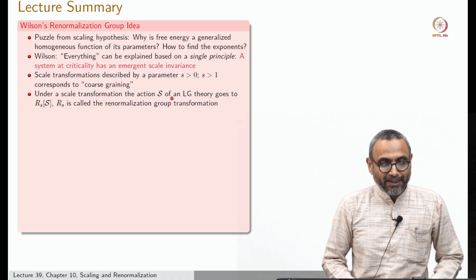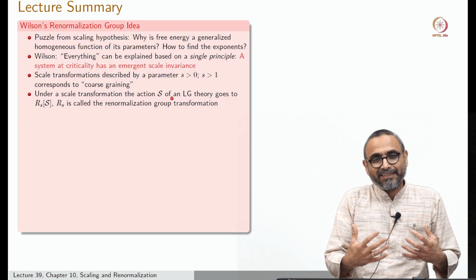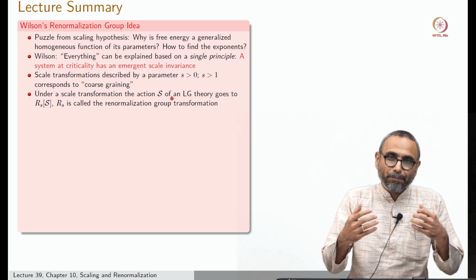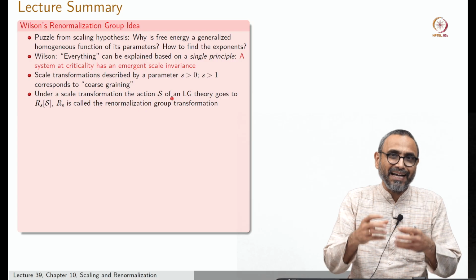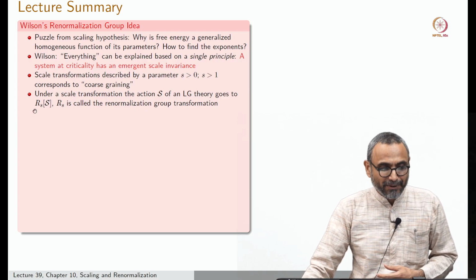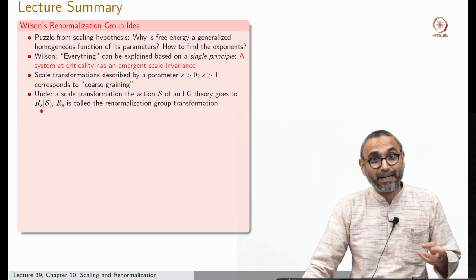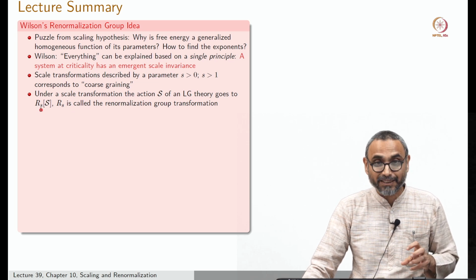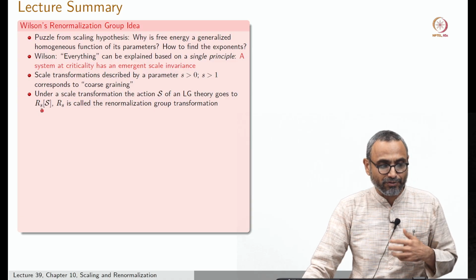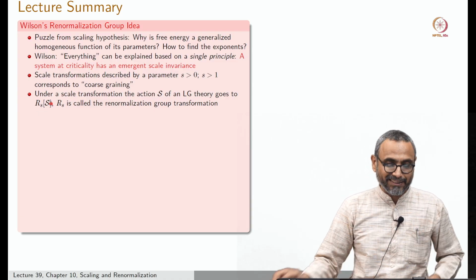So we use the scale transformation to postulate that the action of the system will change from S to S prime by some function defined by the parameter s, called the renormalization group transformation, with subscript s, R_s, of the action. It gives me a new action.